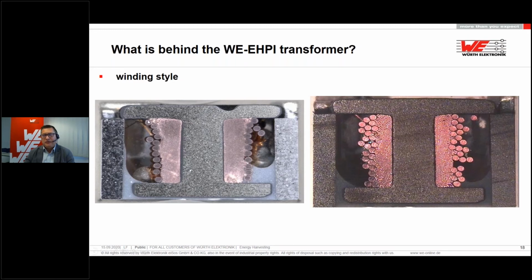So it is extremely thin, almost invisible. If you have a piece of wire in front of you, it's almost invisible. And the secondary wire is not that thick, not because we want to drive a lot of current through it, but because we want to keep the DC resistance very low. So this is the EHPI transformer standard.